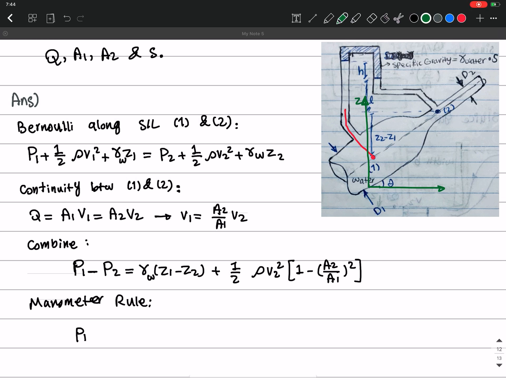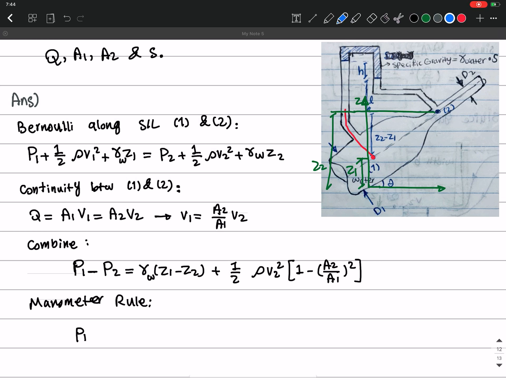Z, okay? So this much is going to be Z1, and this much from here to here is Z2, right?